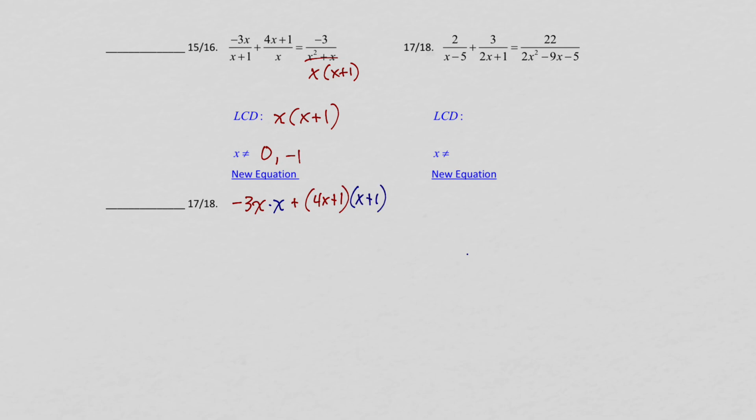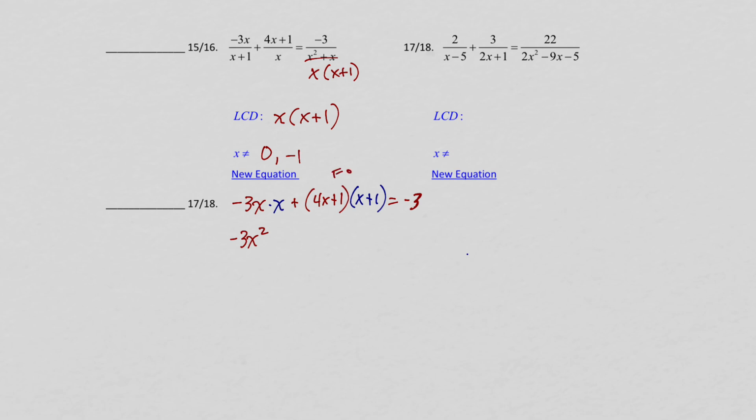And then I'm going to have equals negative 3. And I'm going to multiply that by what's missing from the denominator. And nothing's missing from the denominator, so I don't multiply that by anything. So this turns into negative 3x squared.